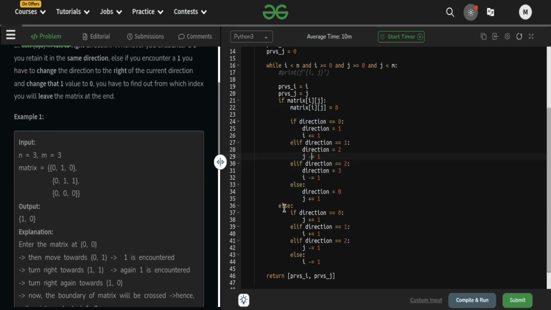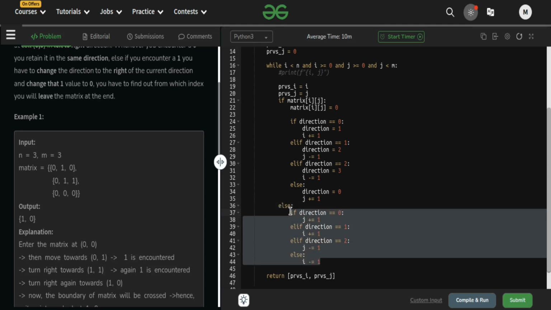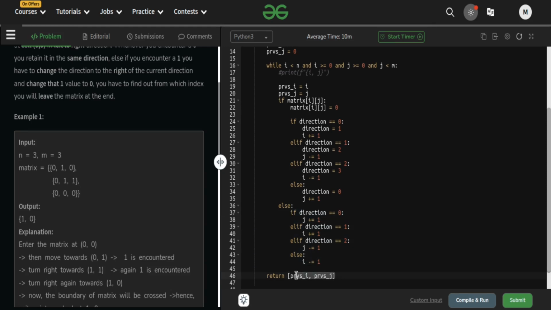Similarly, if my current element of the matrix is 0, in which case I don't have to change the direction, but I need to update my i or jth counter. So the updation is something which I have done over here. And towards the end, once i and j exit from this loop, that simply means we have exited out of our matrix, in which case our previous i and j will hold our answer.